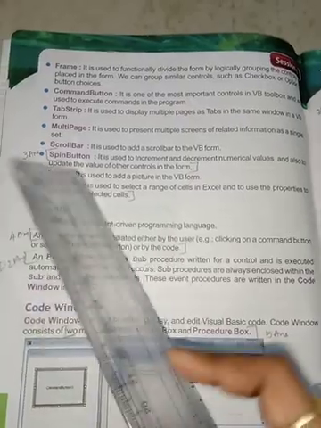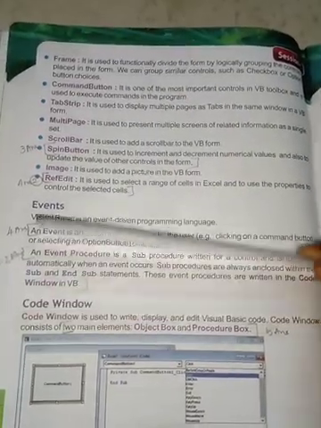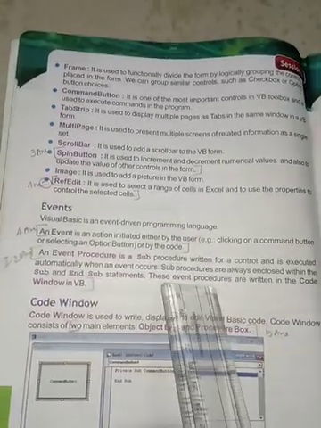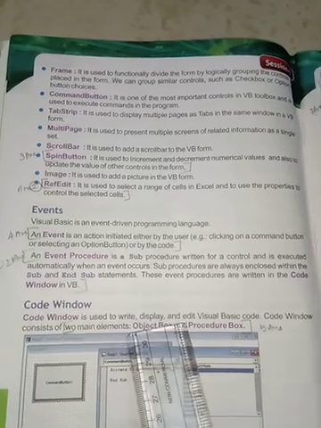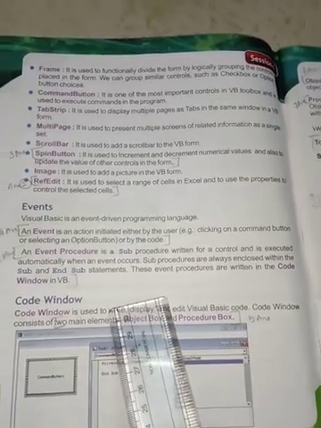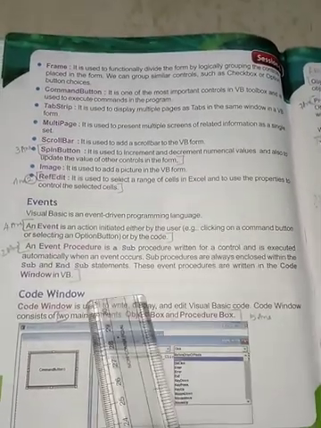So when the program is being executed line by line, it starts running, compiling. When it sees the checkbox event, it has to proceed, it has to view the checkbox in the form.